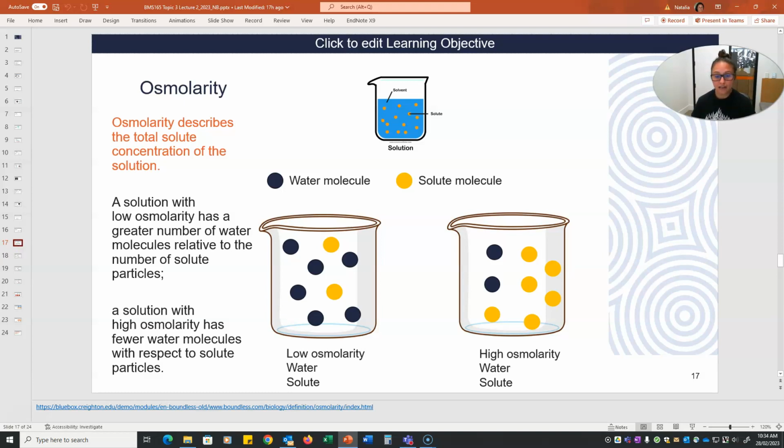So if we have a look at this solution here, we can count the number of water molecules and solute molecules. In our first beaker, we have 1, 2, 3, 4, 5, 6. 6 out of the 8 is going to be water. And how many solutes? 2 out of the 8 is going to be solutes. Now, what's 6 out of 8 as a percentage?